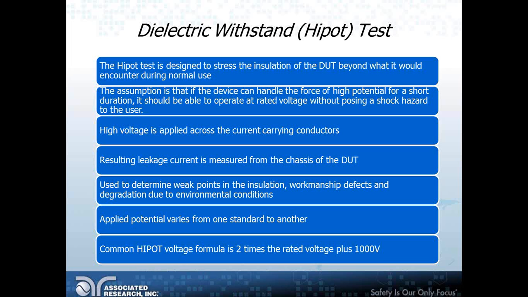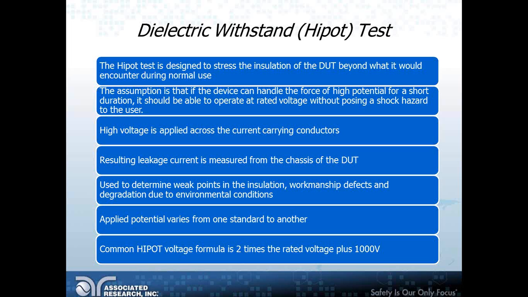The Hipot test is a very versatile electrical safety test because not only is it designed to test the weak points in the insulation, it can also be used to measure excessively high leakage current, workmanship defects such as pinholes and scrapes, improper spacing with respect to a grounding point, and natural degradation due to environmental conditions.